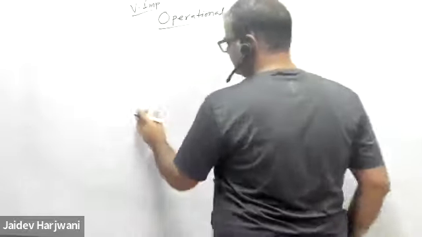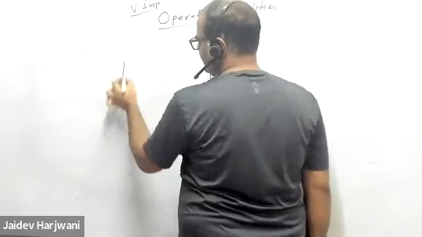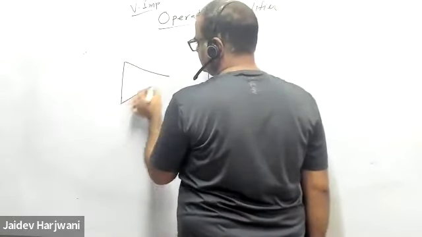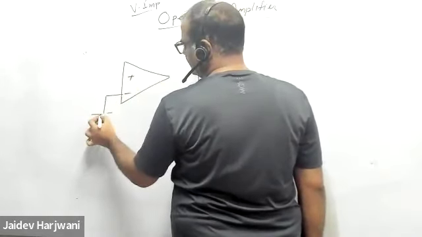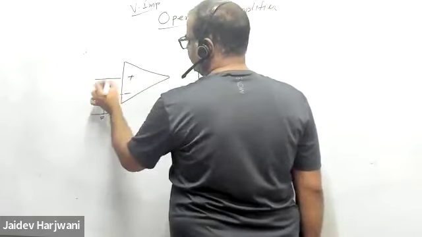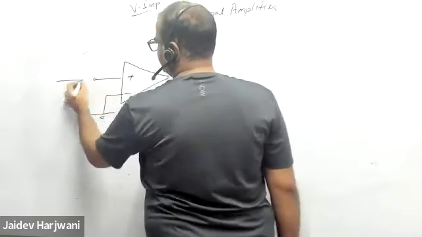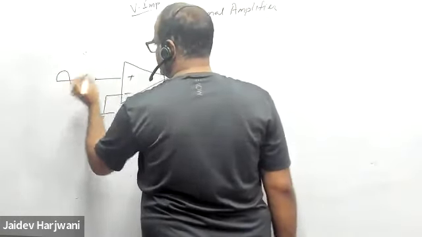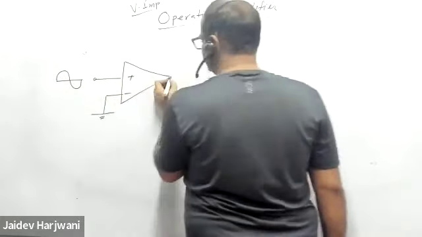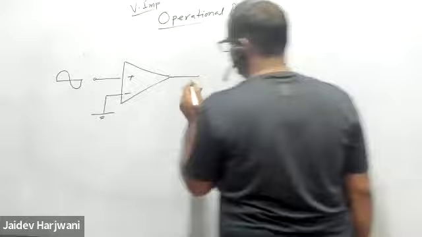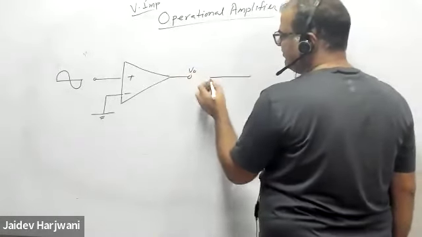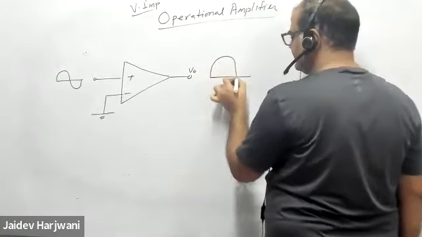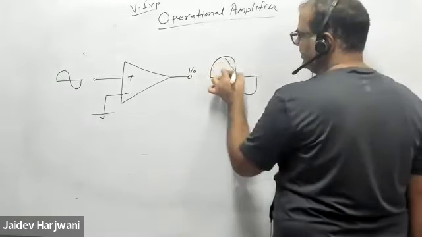The second thing is you have an op-amp with plus and minus terminals. If you make this one ground and you apply some input here, say a sine wave, and you take the output here, V naught, it will get amplified.